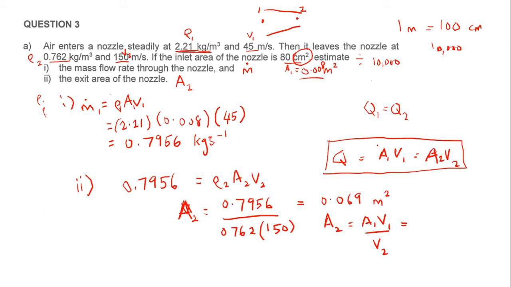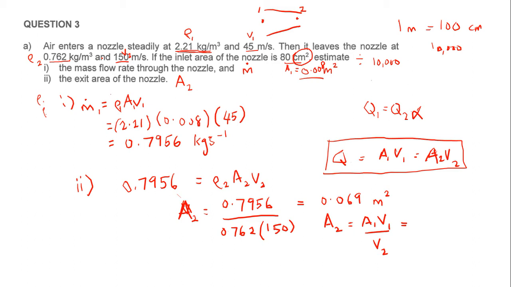Because the air has a different density whenever it enters and whenever it leaves the nozzle. Okay, so you cannot use this. Understand? So you realize the row is different. Okay, any question before we go to the next question?